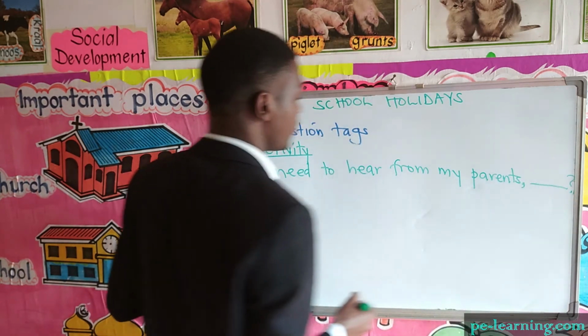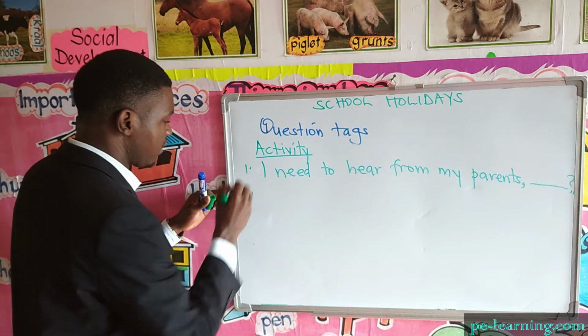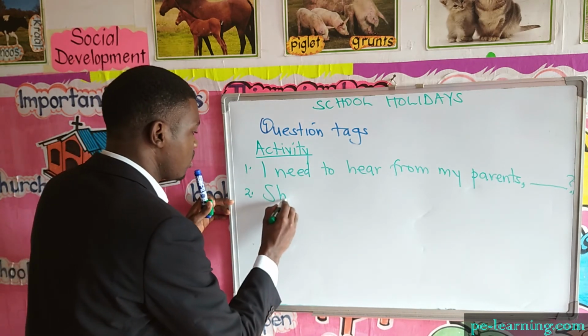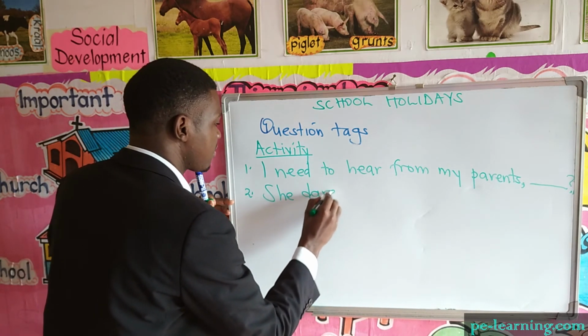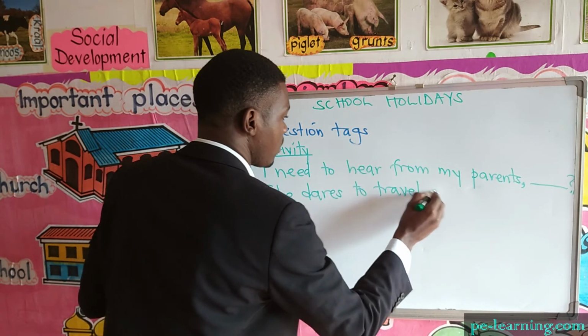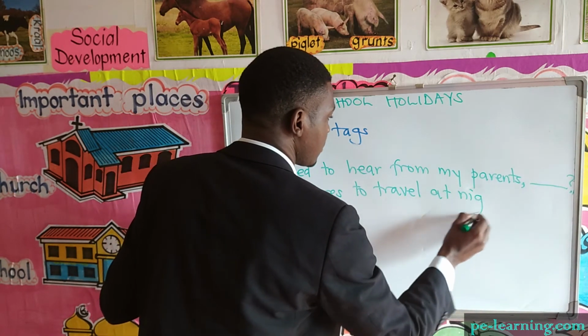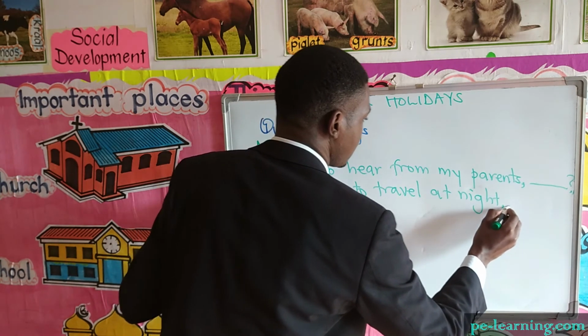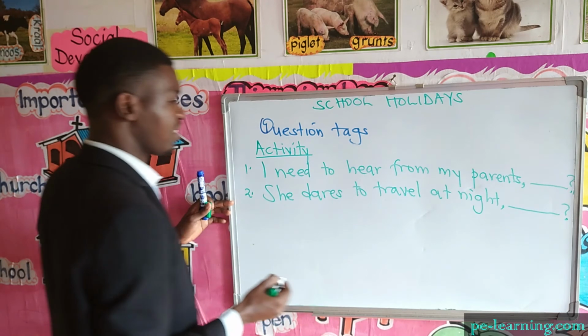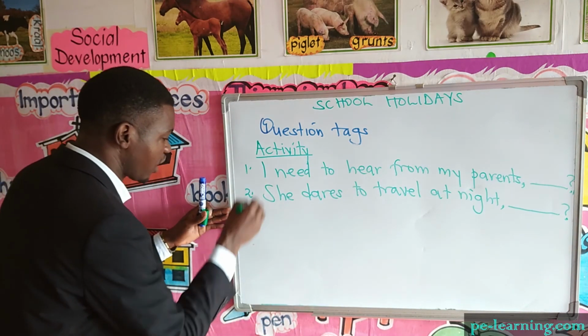What will be the question tag? And then number two can say, she dares to travel at night. She has all the bravery to travel at night. She dares to travel at night. What would be the question tag?